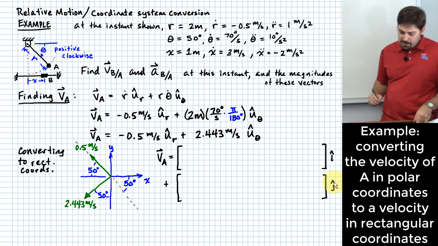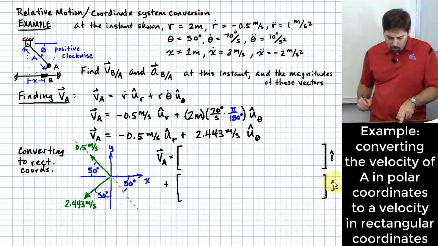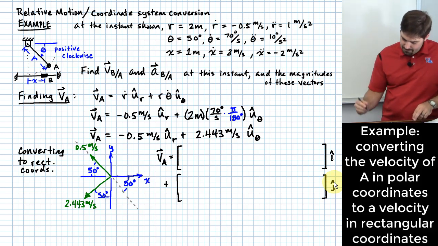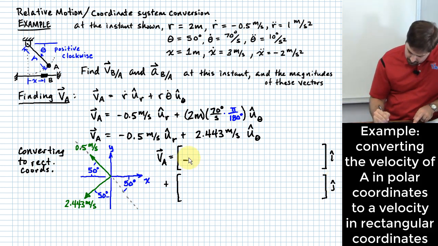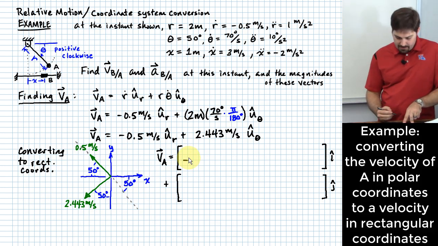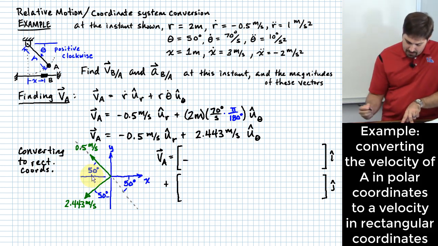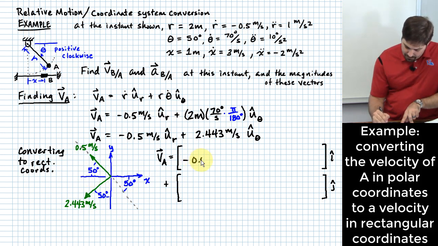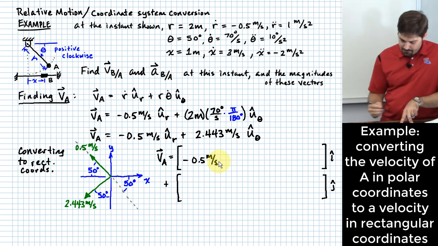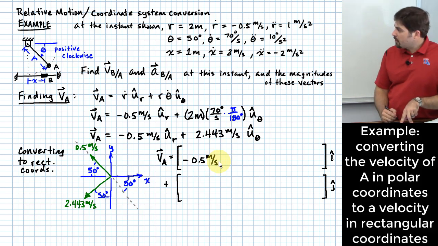Okay, so first let's look in the x. The 0.5, does it go in the positive or negative? Negative, right? Relative to the x that I have defined right there. So it's going to be negative 0.5 meter per second times what trig function? Remember, cosine goes with adjacent and sine goes with opposite.